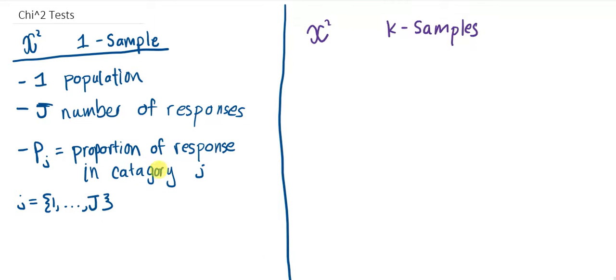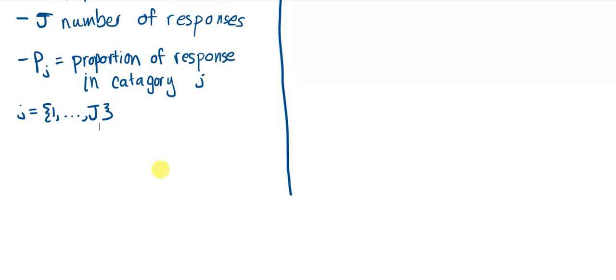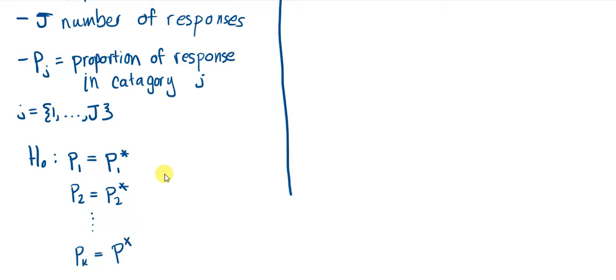So for a one sample chi-square test, we have a hypothesis, H0, which is P1 is equal to some value P1 star, where I'm putting a star to indicate the hypothesized value, P2 is equal to some hypothesized value, all the way to PK, this is capital K, is equal to some hypothesized value.